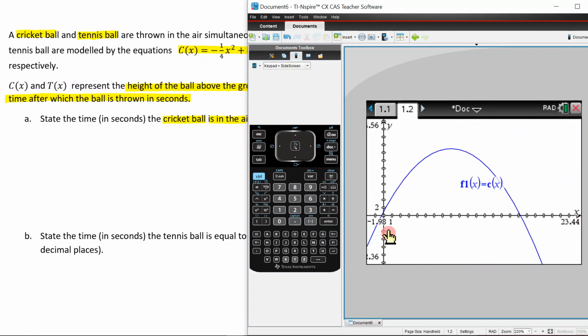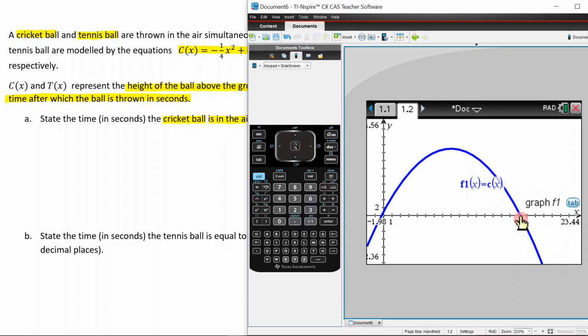So we know that our y-axis is the height above the ground, and x represents the time after which it's thrown in seconds. So obviously this is representing the height. So when my height is 0, it's no longer in the air. So I just need to figure out what this point right here is.